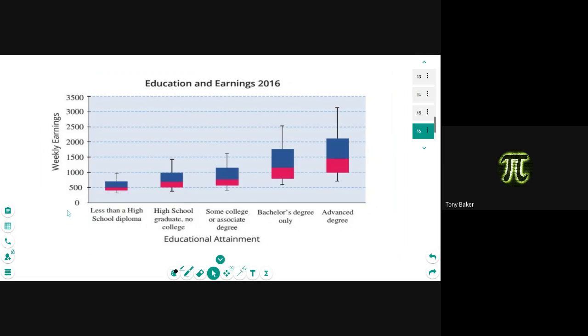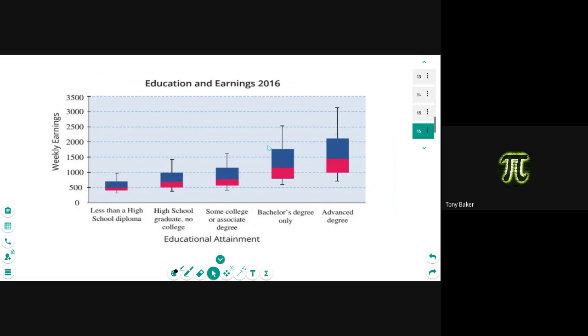As you can see in these bars, as you get a higher and higher degree, yes, you can earn more, but the spread is a lot more. There's a lot more variation as you get higher and higher. The low end is definitely going up, all of them are going up.